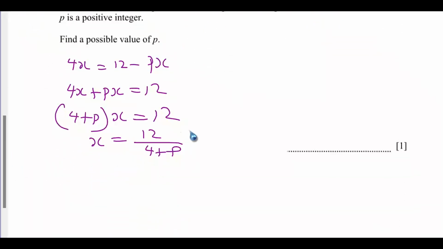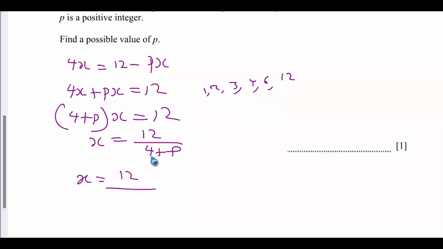Now if you want to get a positive integer, that means we should divide 12 by its factors. So let's see, x equals 12 over 4 plus p. The factors of 12 that we have here will be 1, 2, 3, 4, 6 and itself.